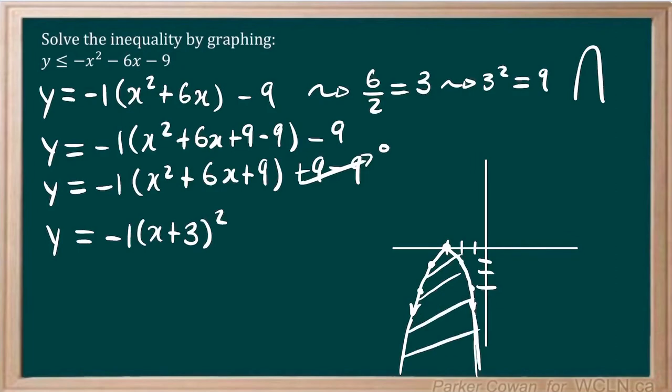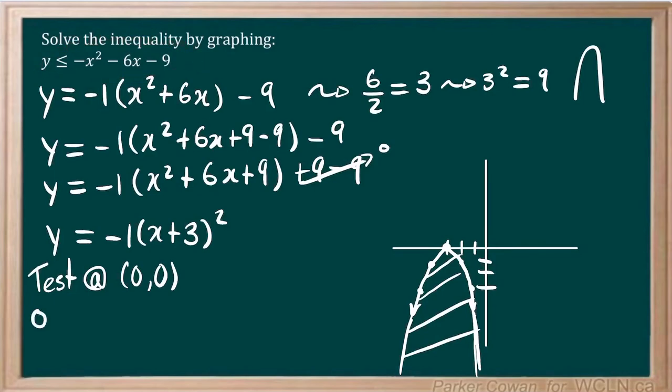But we can also do a test point if we want to, just to kind of prove this method. And so let's do a test point at 0, 0, which is outside the parabola. So test. Okay, so we're basically just going to plug 0, 0 in for right here.